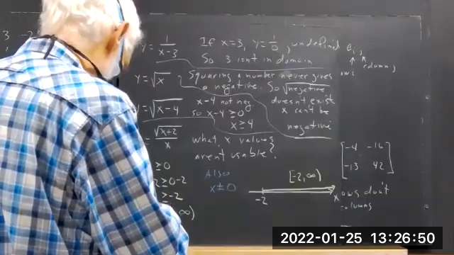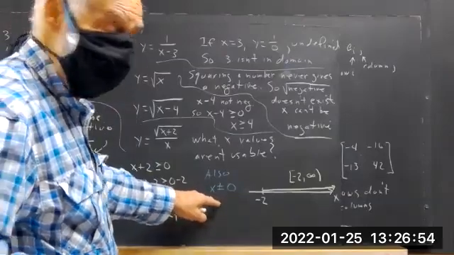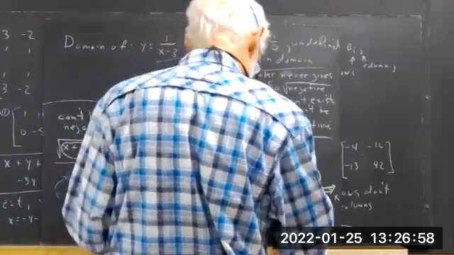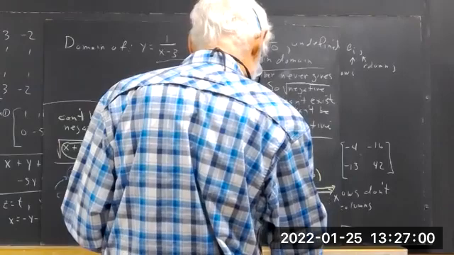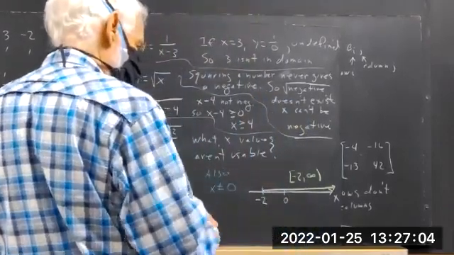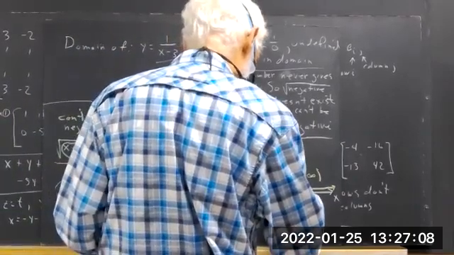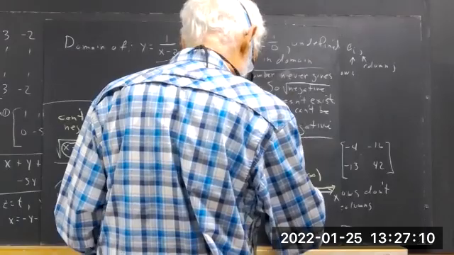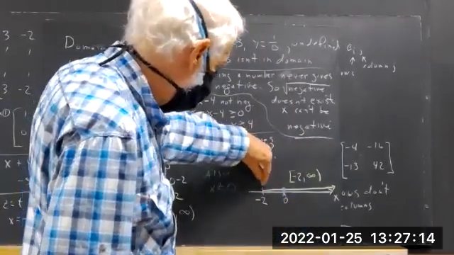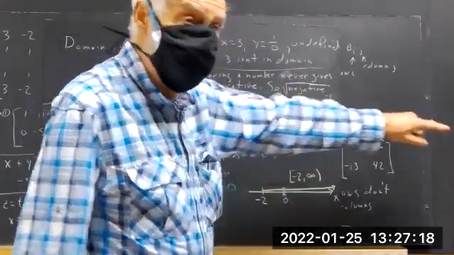And of course, x can't be 0 either, right? So 0, whatever it is, has to be excluded. So you can't use 0. So you can use anything from -2 up to 0 and anything from 0 to infinity, right?